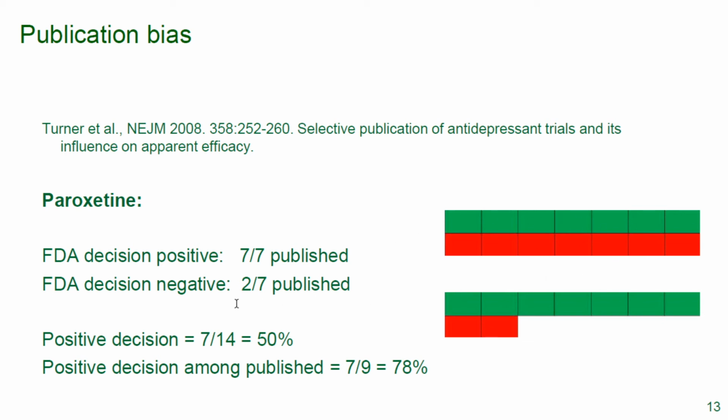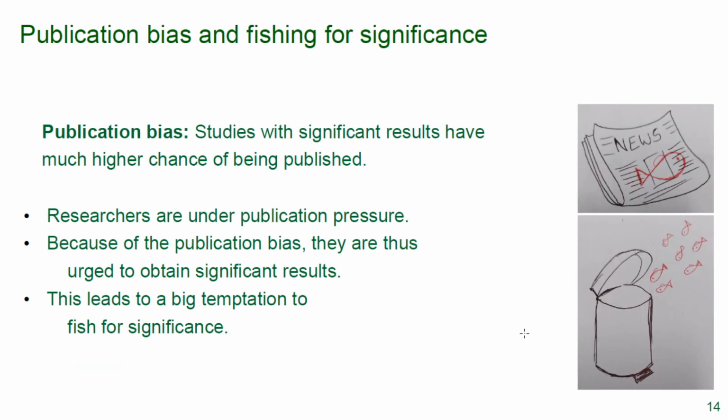And in the paper by Turner, we can see that 7 of the 7 positive trials were published, but only 2 of the 7 negative trials were published. So this is what has been done, and this is what we see. We see here that the literature gives a very biased picture of what has been done.